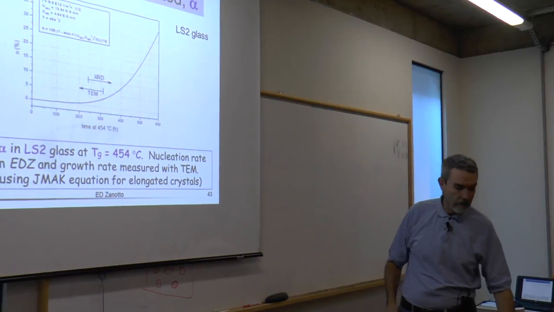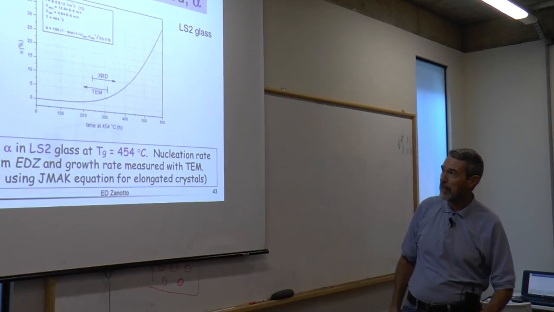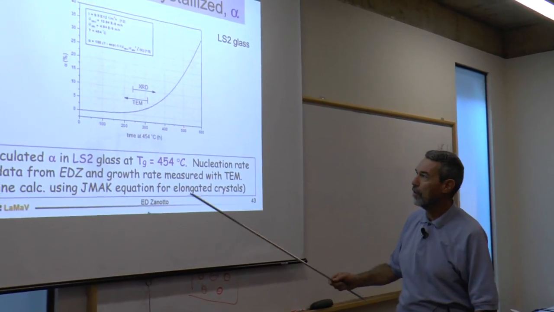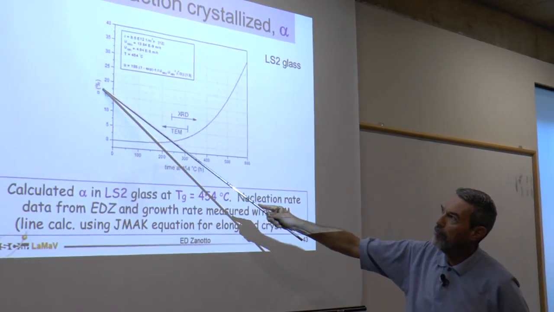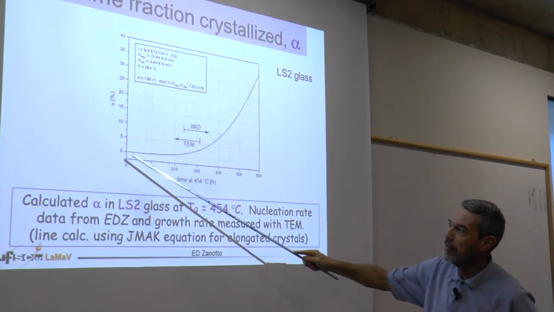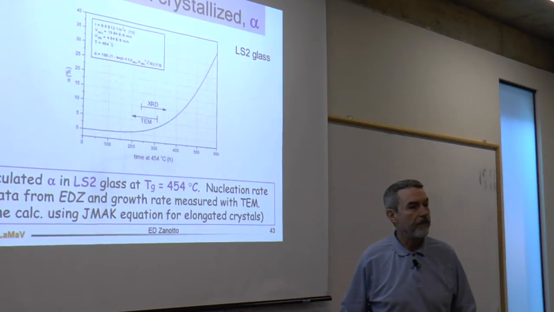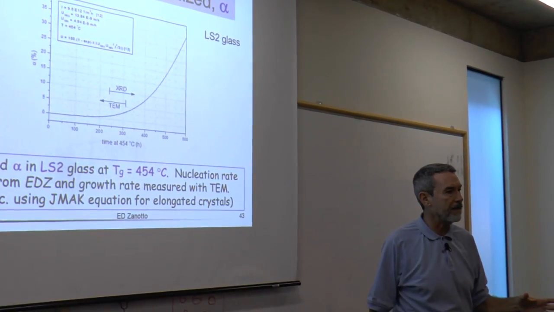And here's one of the main plots. I apologize because the size of the fonts is not so large, but this here is the volume fraction crystallized versus time at Tg. 454 or so is the Tg of this glass.